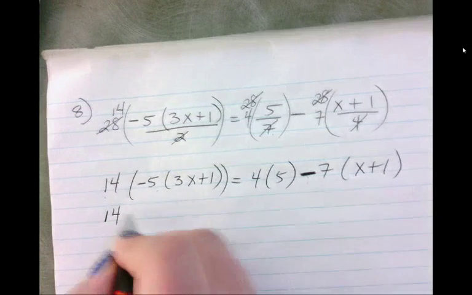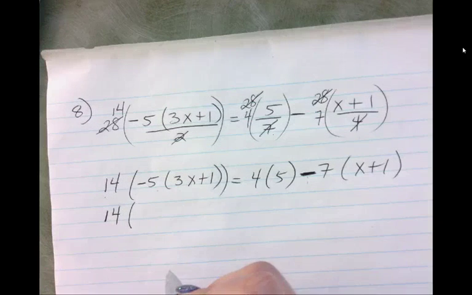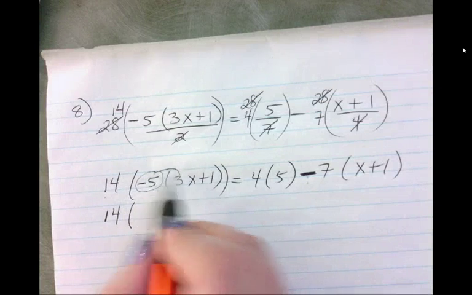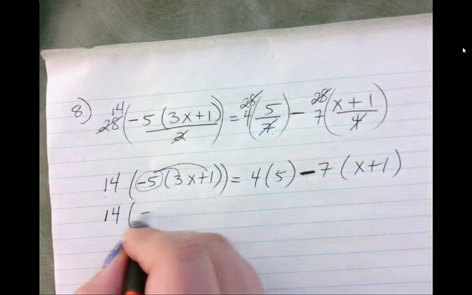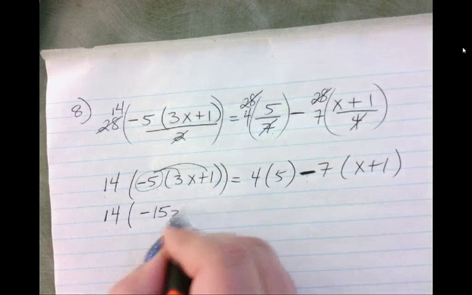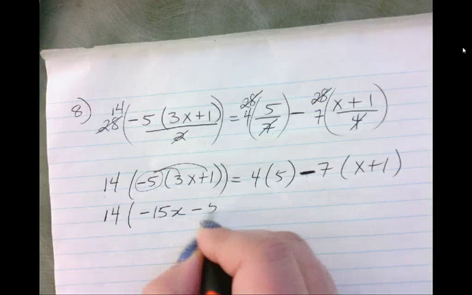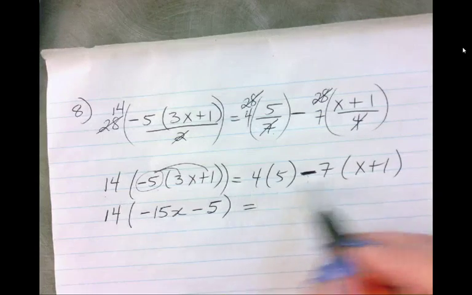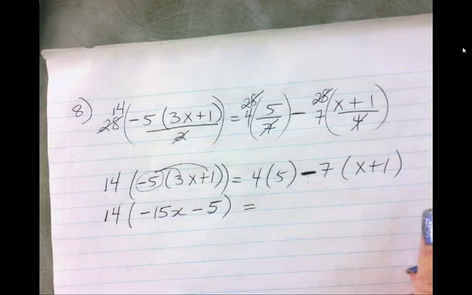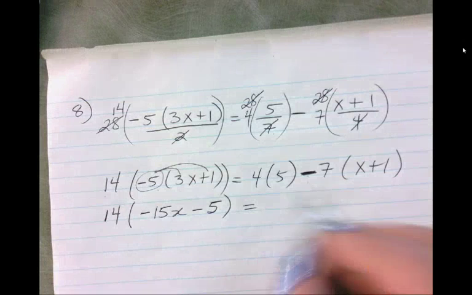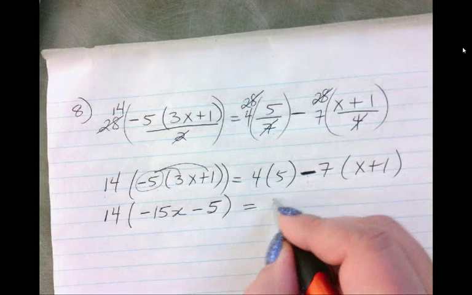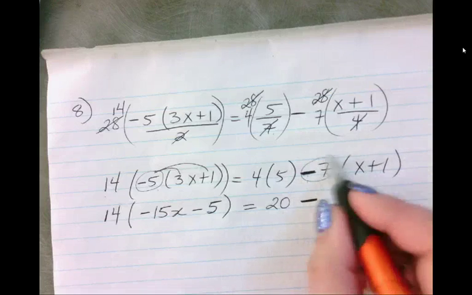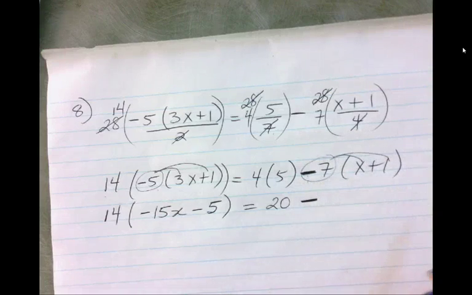Okay, so I keep the 14 and the bracket, and multiply the negative 5 through here and here, and we end up getting negative 15x minus 5. That is equal to, continuing to distribute, what's 4 times 5? 20. And now I'm going to distribute this negative 7 through this second bracket.